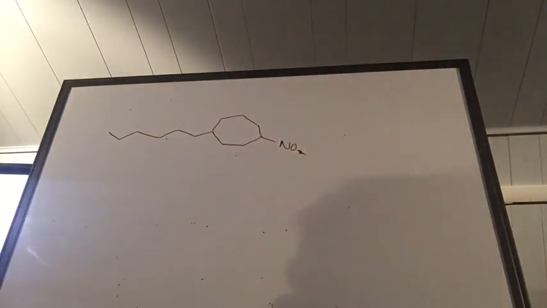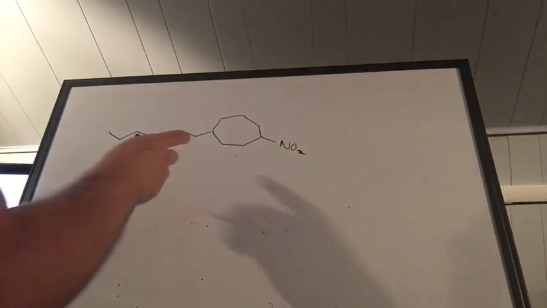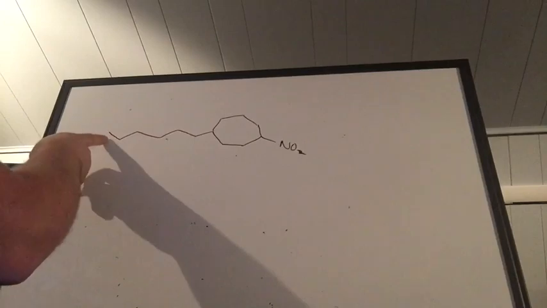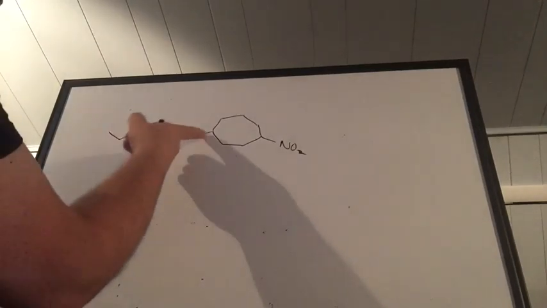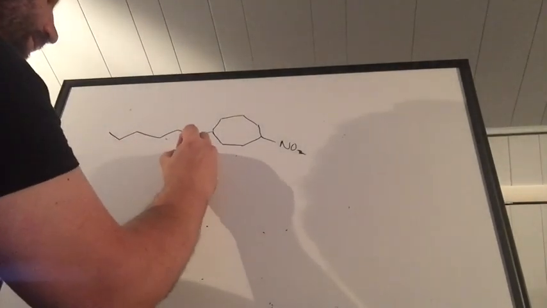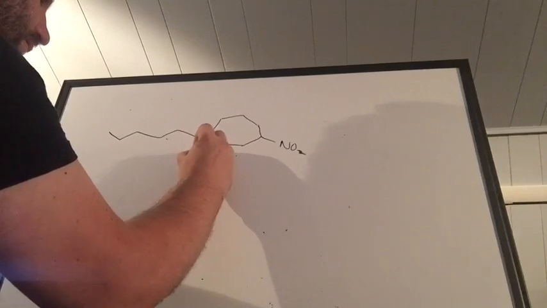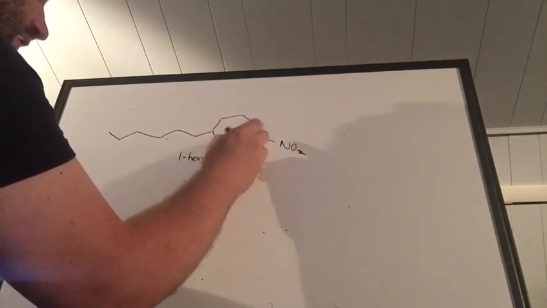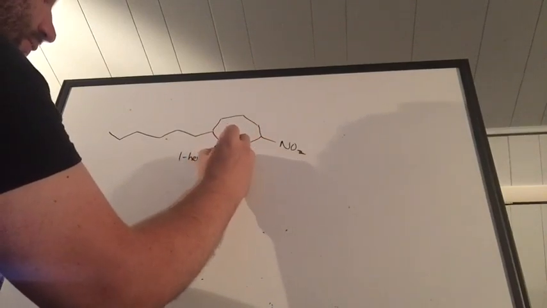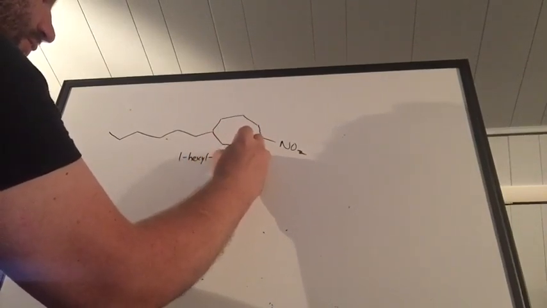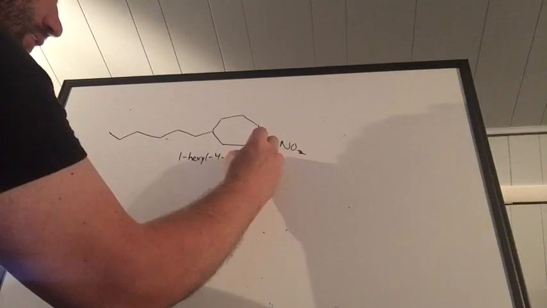So this would be 1, 2, 3, 4, 5, 6. So this is going to be 1 hexyl, 4 nitro, cycloheptane.